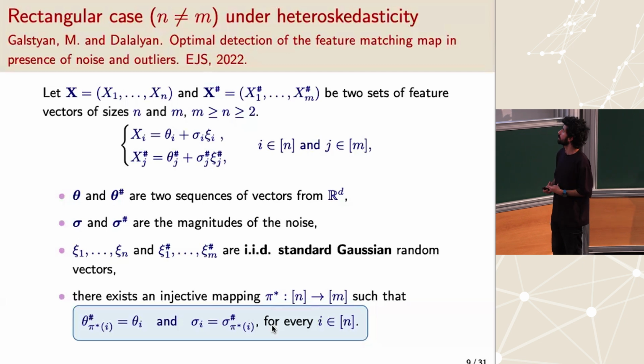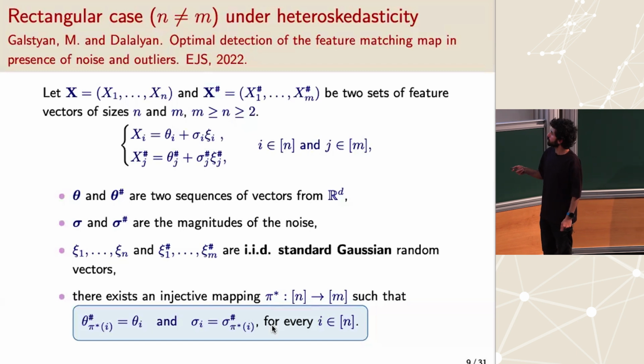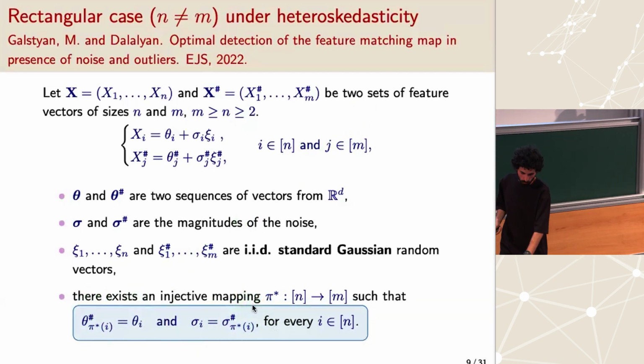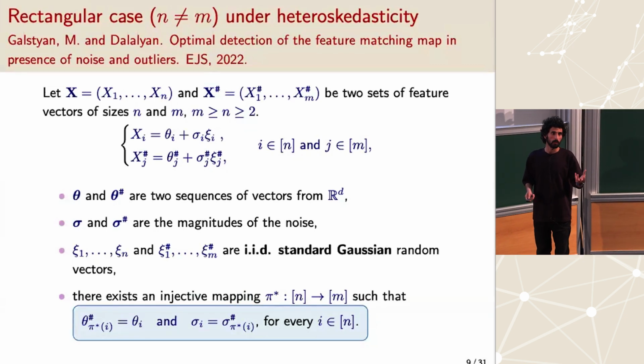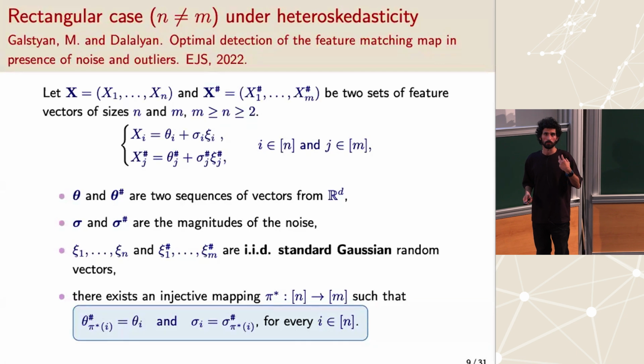Okay, and we will show that this is actually quite important. It can change a lot of things. And yes, the problem is the same. We now condition on thetas and also sigmas, because we assume that each point has the same mean and variance, but we are observing its noisy version.